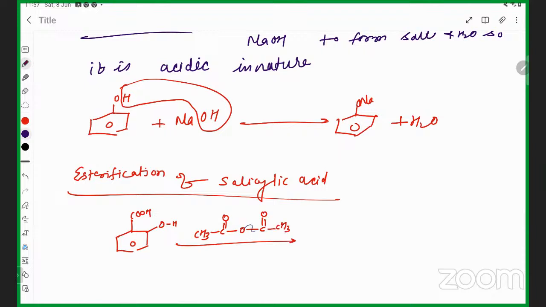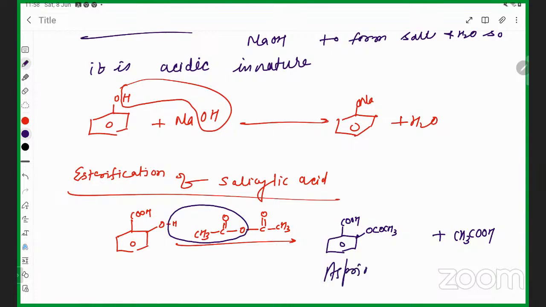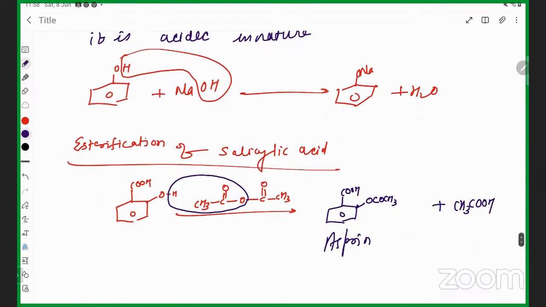What is going to happen here? Firstly, you remove the acetic acid from here. This is the side product CH3COOH, plus whatever is left out you can write. This will be aspirin, COOH as it is, and OCOCH3. This is aspirin. They ask its IUPAC name also: acetylsalicylic acid.